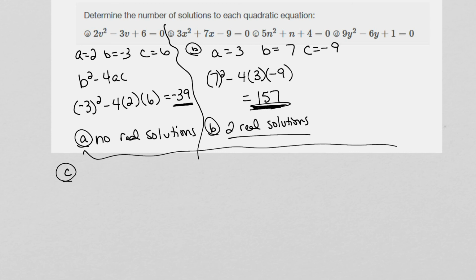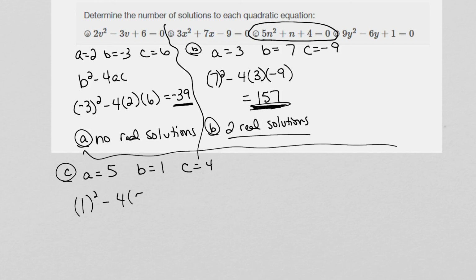Okay? All right, let's look at C now. On C, looking at this one right here, okay, so our A is 5, our B is 1, and our C is 4. B squared minus 4 times A times C. So 1 squared is, let's see here, 1 minus 4 times 5 times 4.